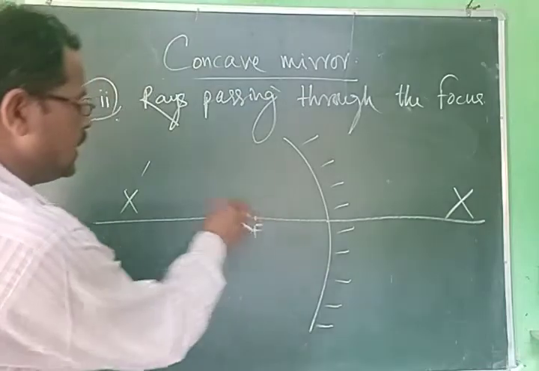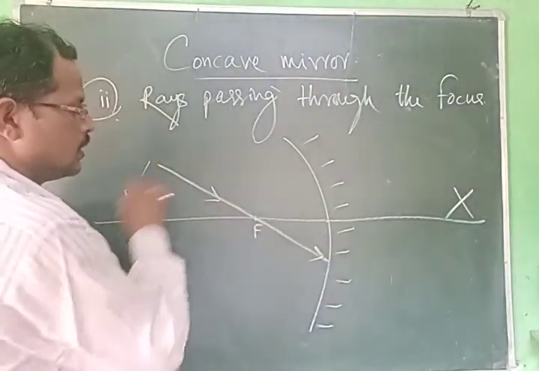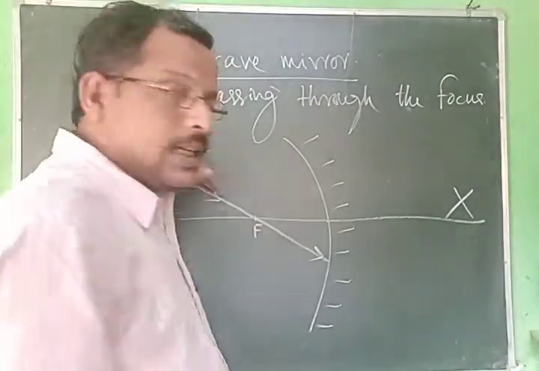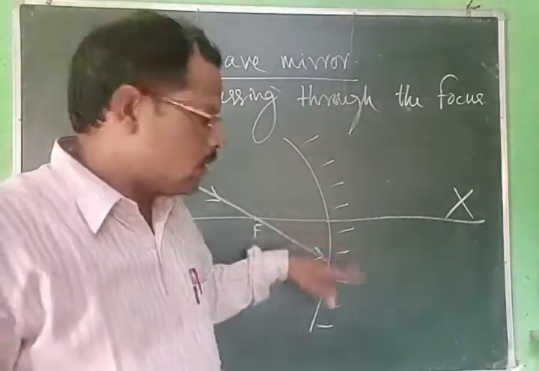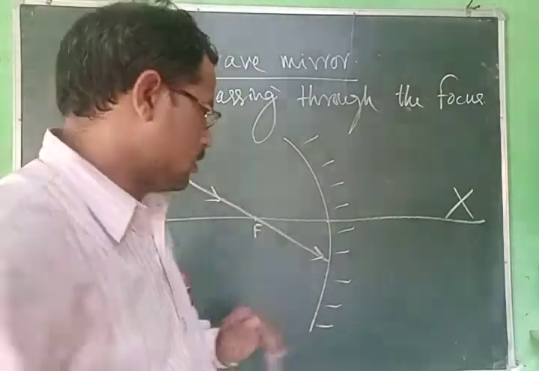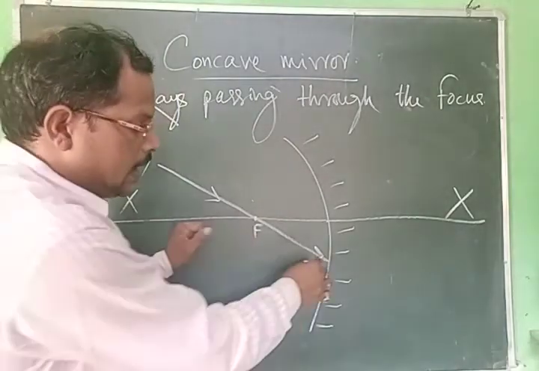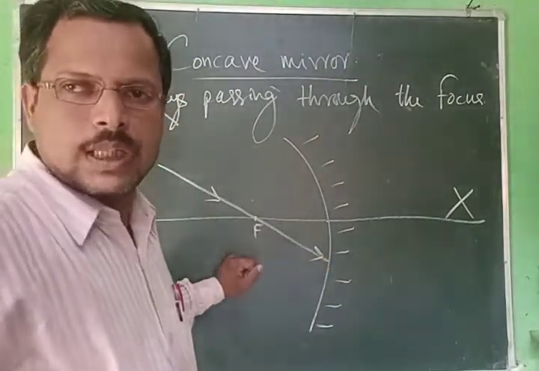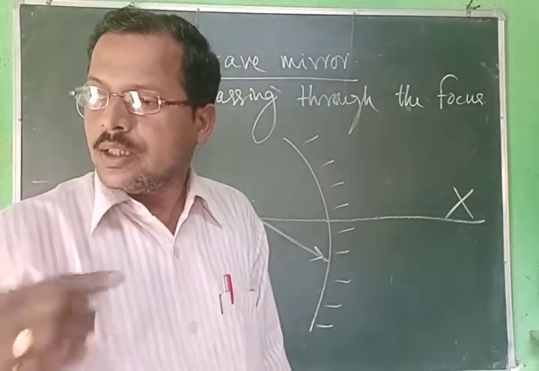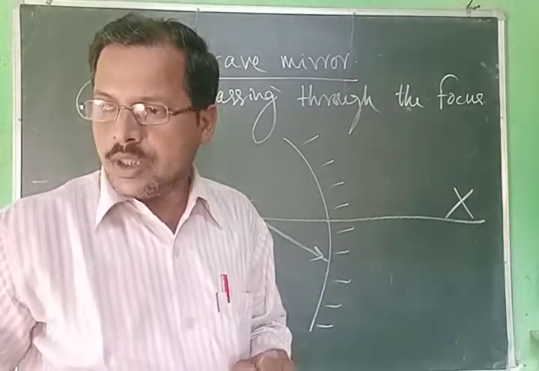That means any incident ray falling on the reflecting part of the concave mirror and through the principal focus will get reflected through the concave mirror.